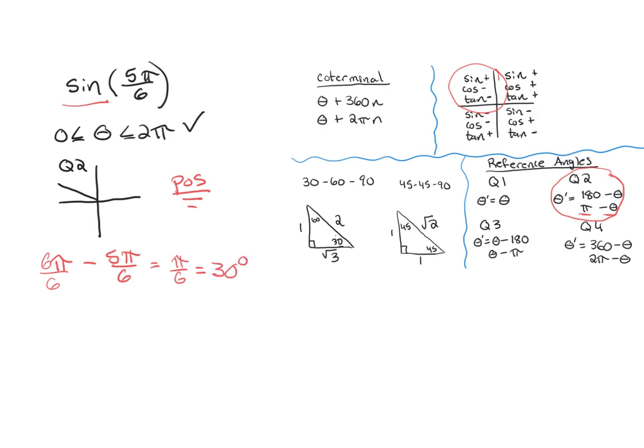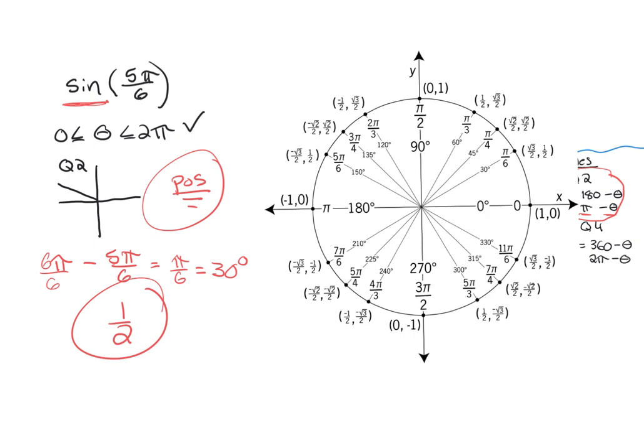So now 30 degrees is my reference angle, and I'm doing sine, which is opposite over hypotenuse, 1/2, and it's positive. Or maybe you have your unit circle memorized and you know that for 5 pi over 6, sine is the y value, which is positive 1/2.